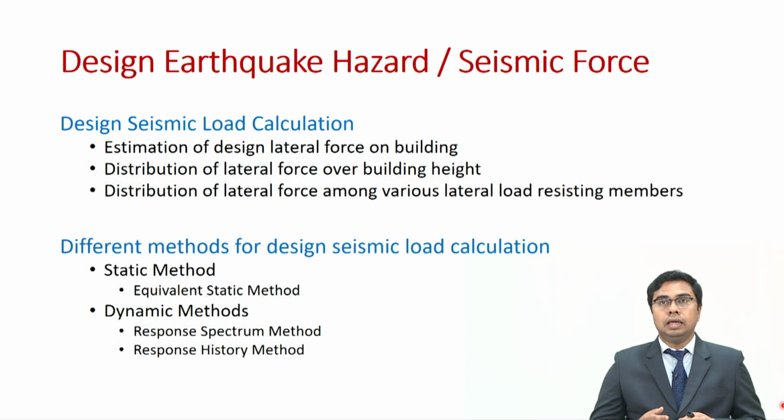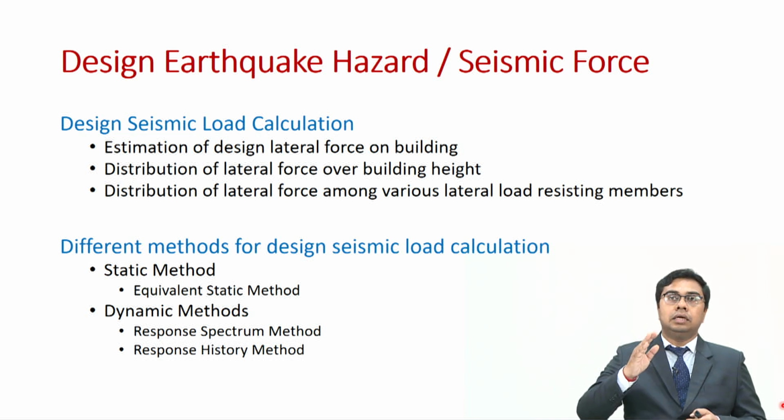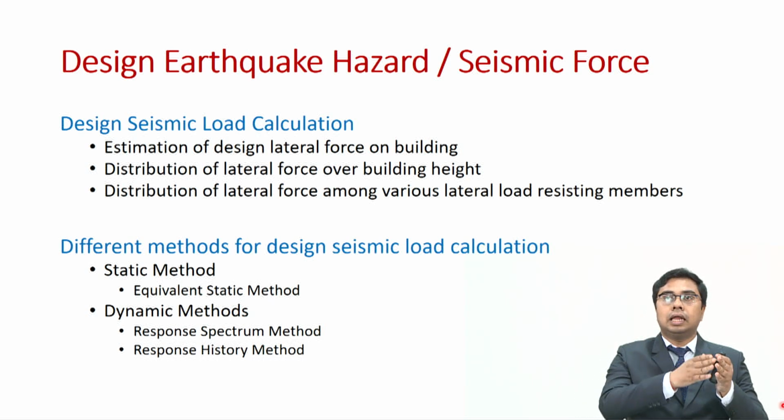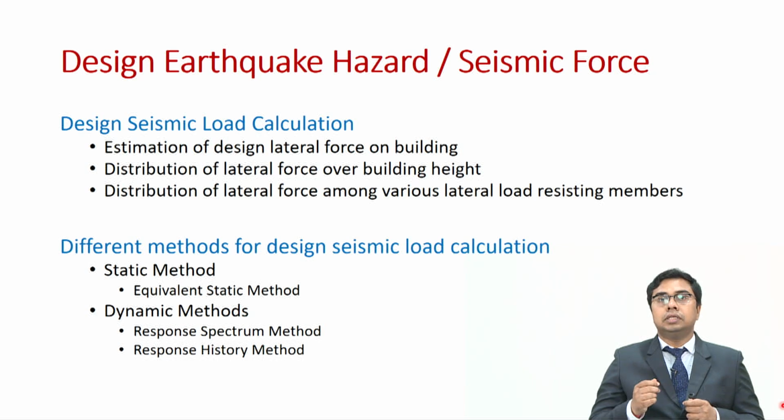Any process which is about estimating design seismic load involves 3 steps. The first step would be to estimate the design lateral force on the building. The second would be to distribute the lateral force over the building height, and finally to distribute that lateral force among various lateral load resisting members, which are usually columns and shear walls.